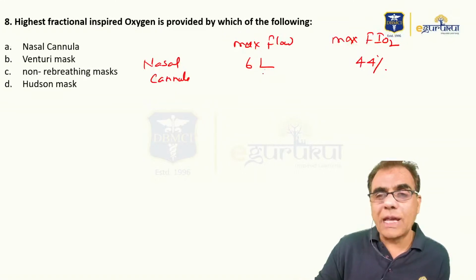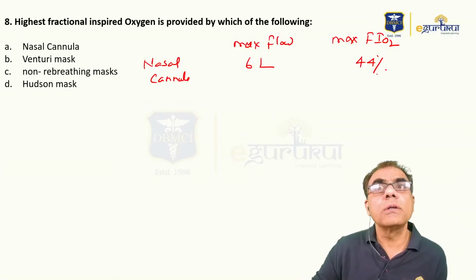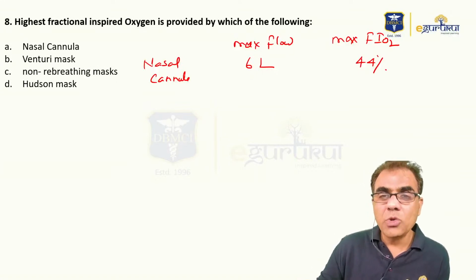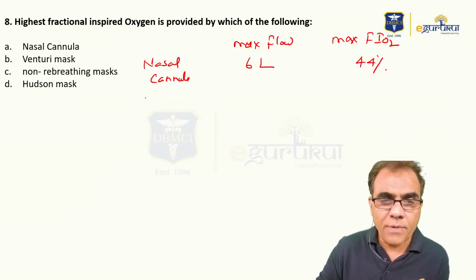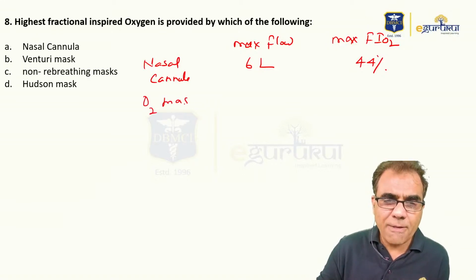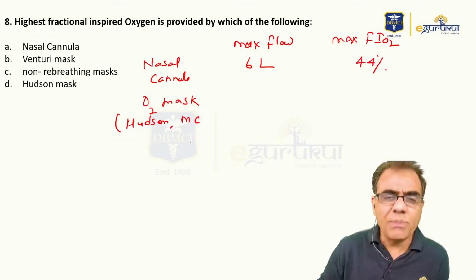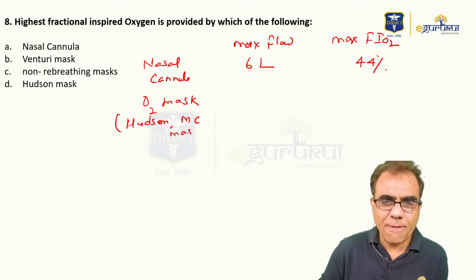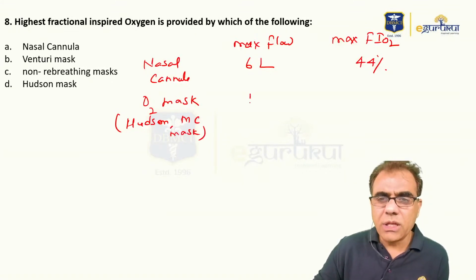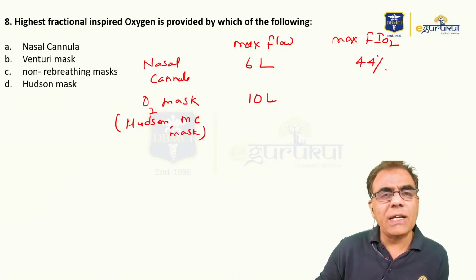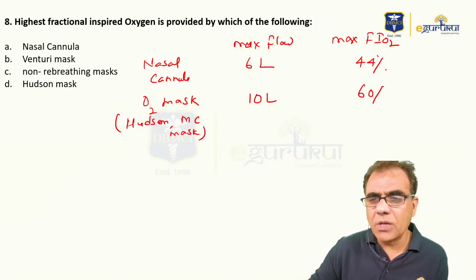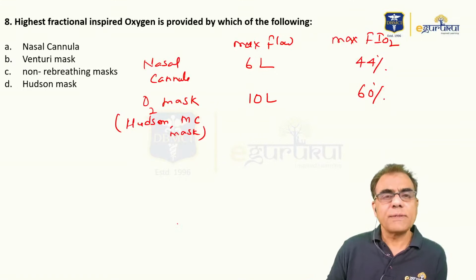Even if you use 10 liter, it will remain 44%. So there is no point in using nasal cannula if you require oxygen concentration more than 44%. Then simple oxygen mask, and simple oxygen masks you know are of two types, Hudson mask and MC mask, McCartney mask. Maximum flow you can use is 10 liter, and the maximum oxygen you can deliver is 60%.